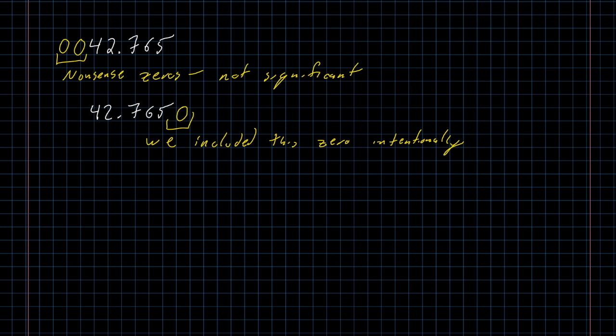Well, maybe we have a tool that will allow us to measure to the nearest tenth of a thousandth of an inch. And in that tenth of a thousandth of an inch place, there's a 0. Well, we want to make sure that we are specifying that we measured with that much precision. So we write the 0 there, even though it doesn't change the number. That means that this 0 is significant.